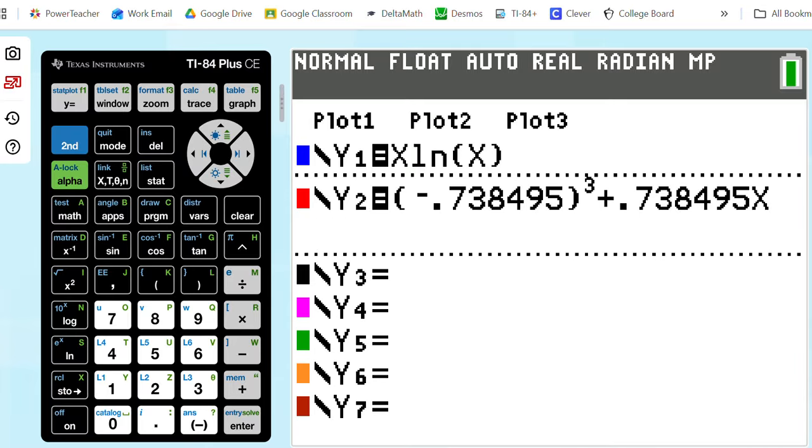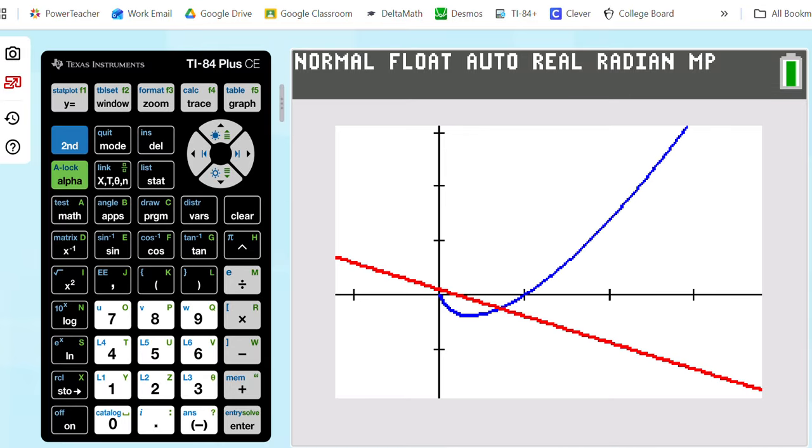So we'll keep the x ln x, and now we're going to do 0.4902993, and it's going to become a minus 0.4902993x, and we'll graph it. And it looks like this one only intersects one time, which is nice.